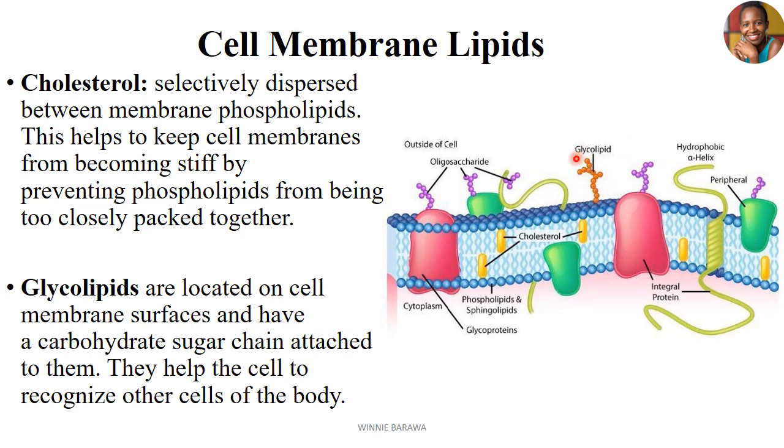From the word glyco, that tells you it relates to glycogen, and glycogen is a complex type of carbohydrate. Being a glycolipid, it therefore means it has carbohydrates, but it also has a lipid in it. Because it is located on the surface of the cell membrane, it acts as a receptor or signal, so they can detect other cells around the body.